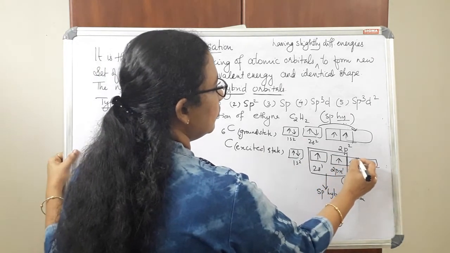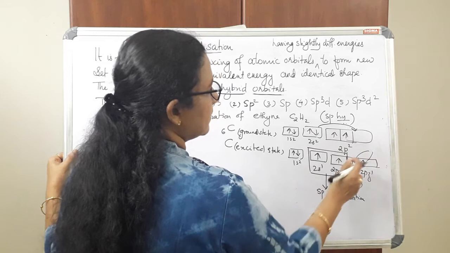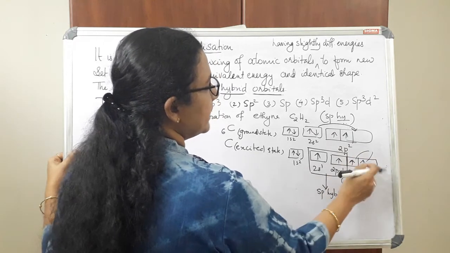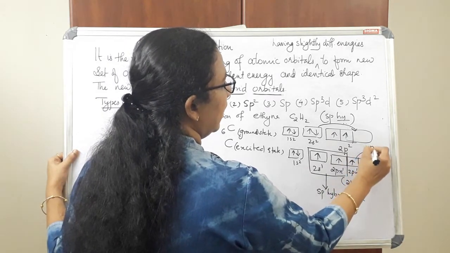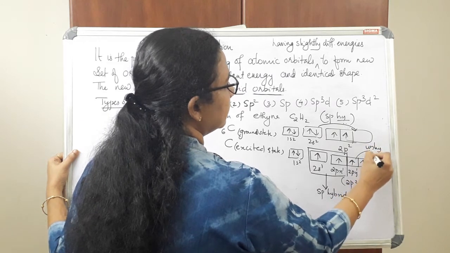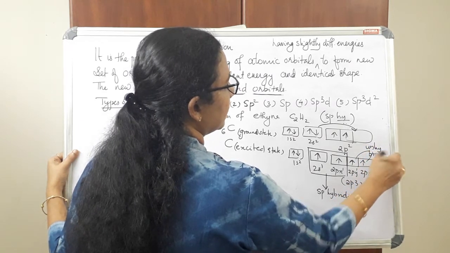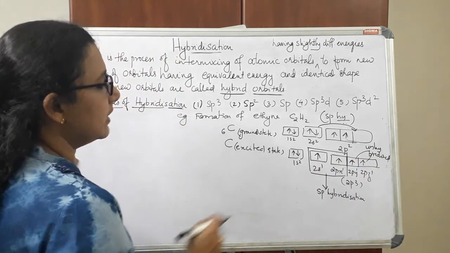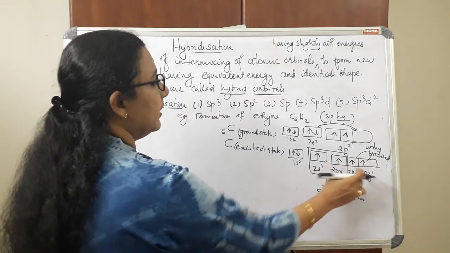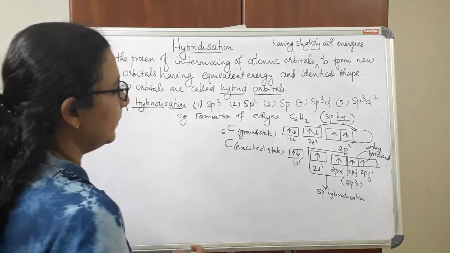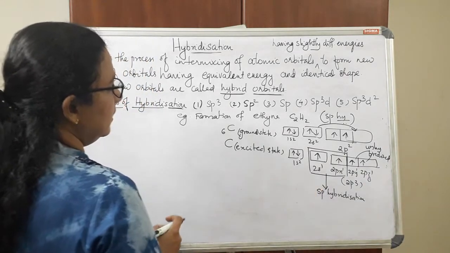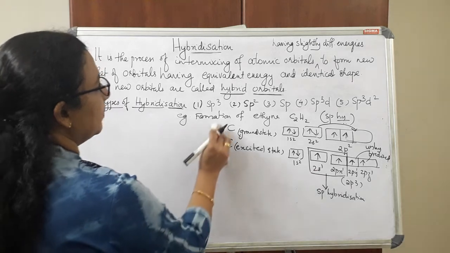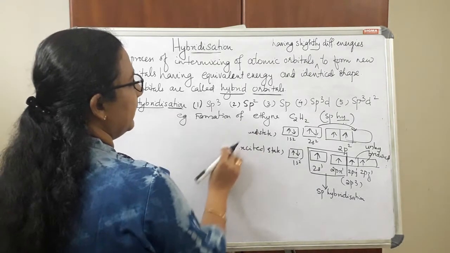Here we can see two orbitals, 2py1 and 2pz1, are actually unhybridized orbitals. So there are two unhybridized orbitals in this case, that is 2py1 and 2pz1. Now let us draw the sp hybridized orbitals of the carbon atom.